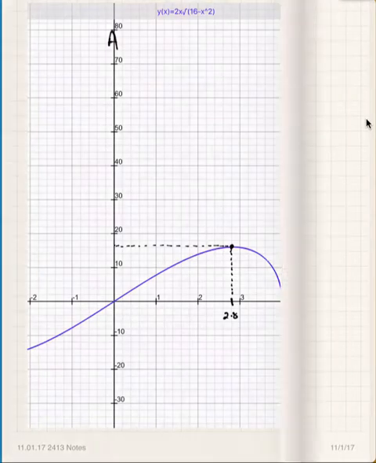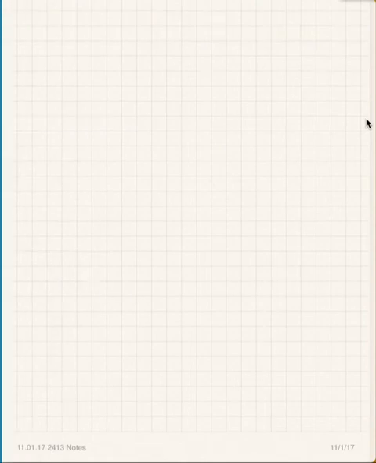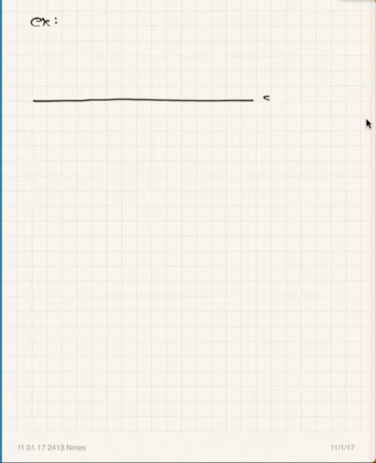We're going to finish with a problem that's really different. So this is our setup. Last problem for this lecture is, let's say that we have a shoreline right here, and you're sitting right here at about 2 miles off the shore.